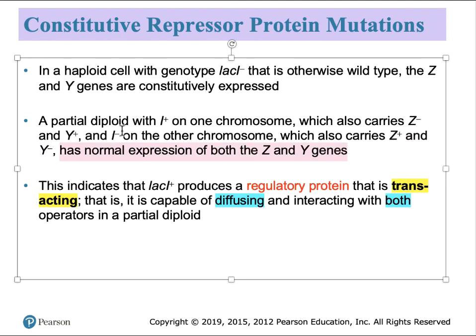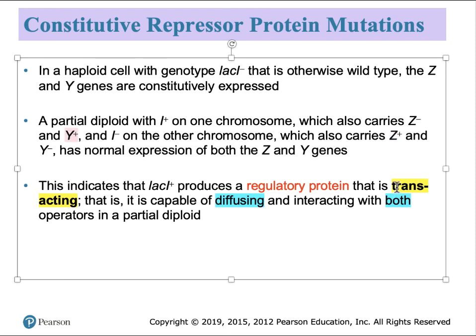Because even though this Lac-I gene is mutant, this one is normal, and this one will produce more than enough normal repressor, not just one unit, but tens of units, hundreds of units, and they will diffuse and bind to the same chromosome or the opposite chromosome and start repressing the Z plus gene from the first chromosome and the Y plus gene from the other chromosome. Z plus and Y plus.